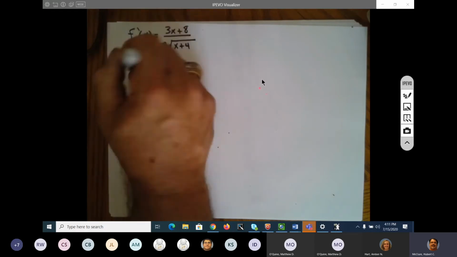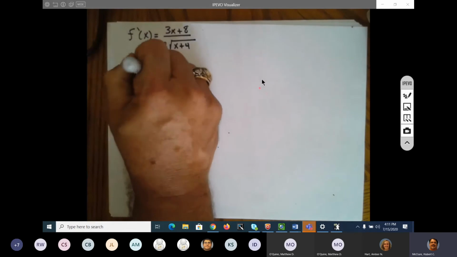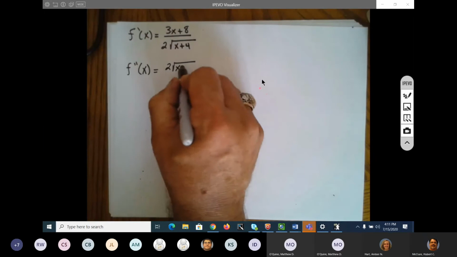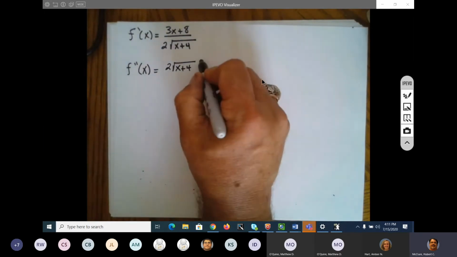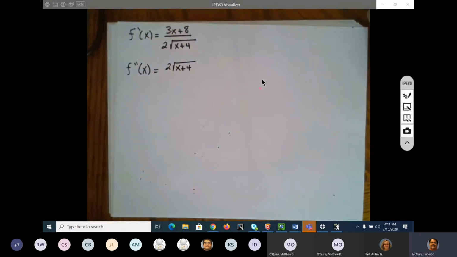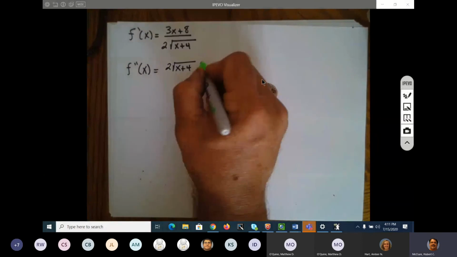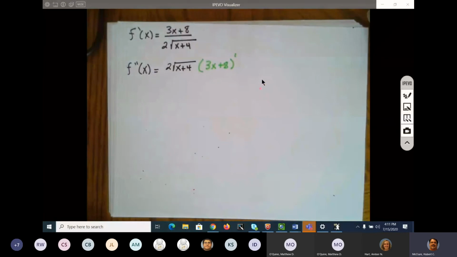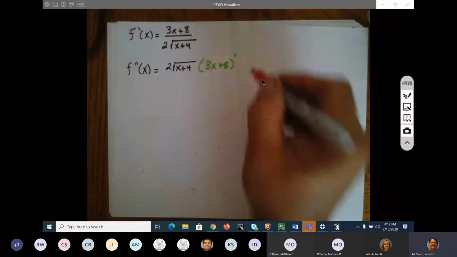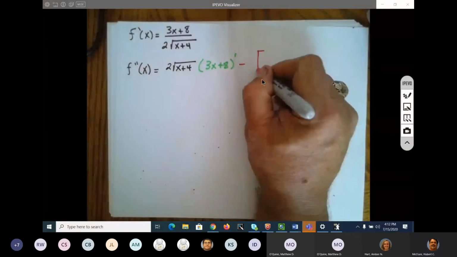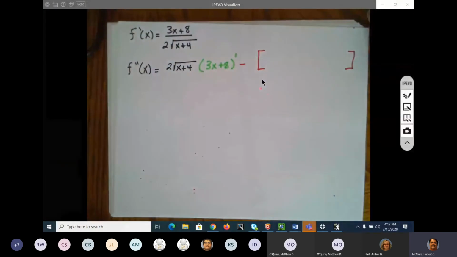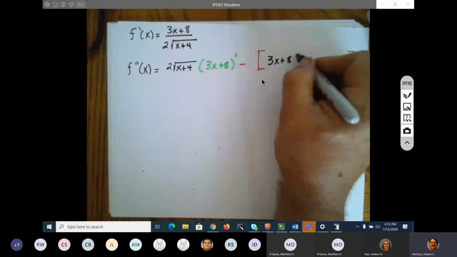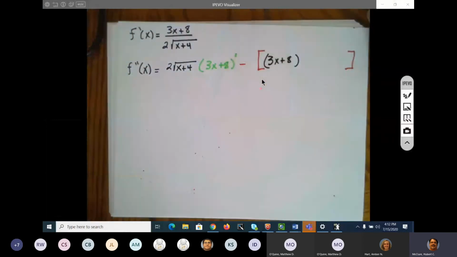I'll go ahead and set it up for you. Denominator times numerator prime. I got to use my colors. Minus brackets numerator times the denominator prime.